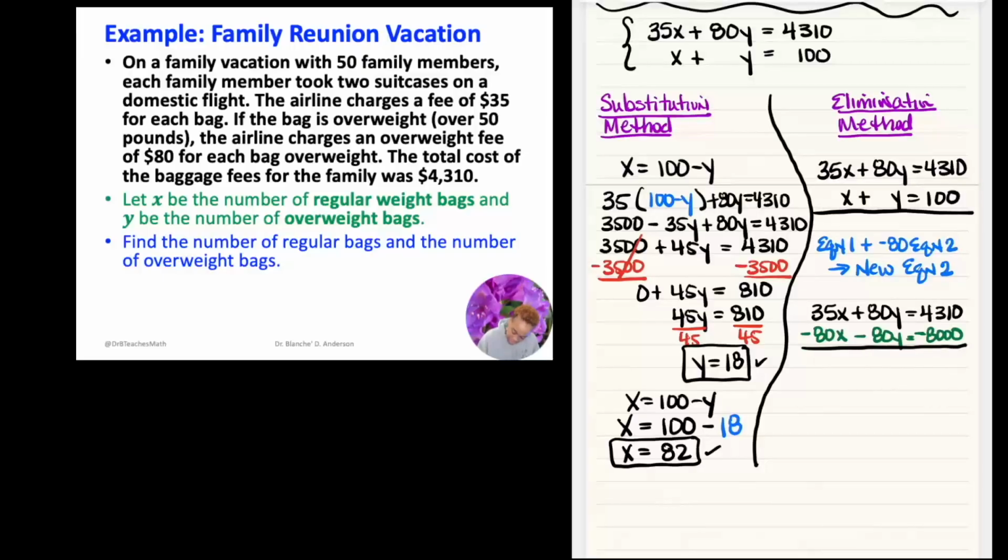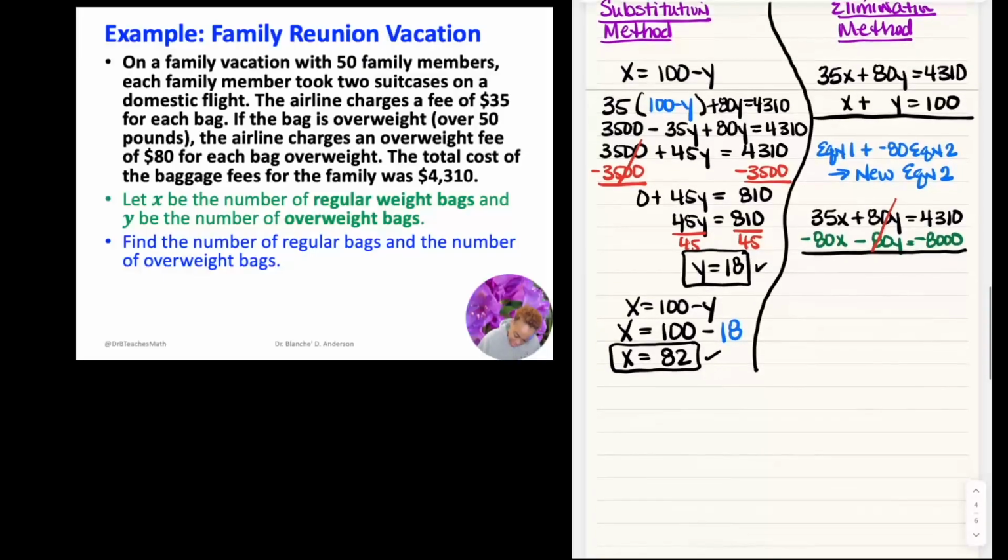And then like we said, these turn to 0. Negative 80 minus 35, that's going to give us a minus 45x, right? That becomes 0. And then when you put the 4,310 and minus 8,000 in your calculator, you should get minus 3690. Okay, so we have minus 45x equals minus 3690.